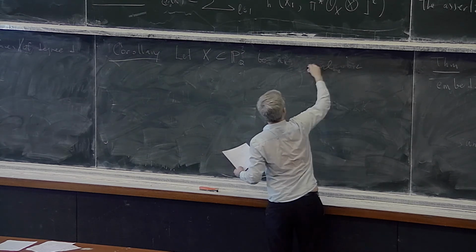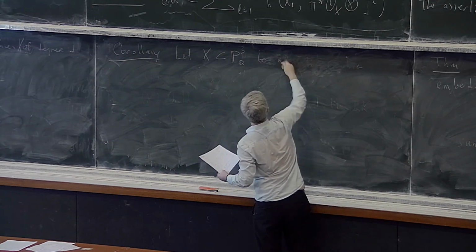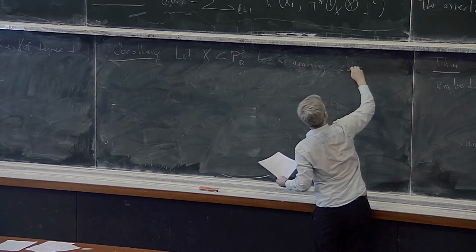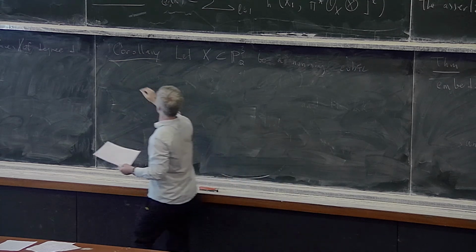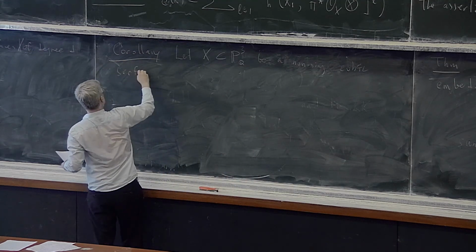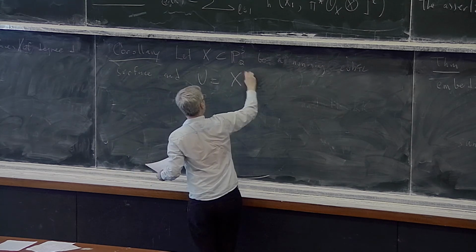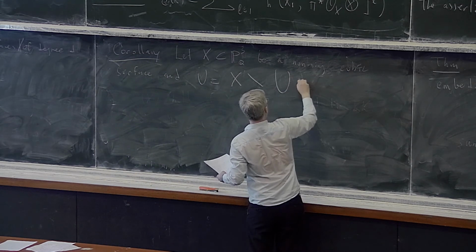I want to have the 27 lines, so I have to remove the lines. But since I'm short of time, let X be a non-singular cubic surface, and let U be equal to X where I remove the union of the 27 lines.